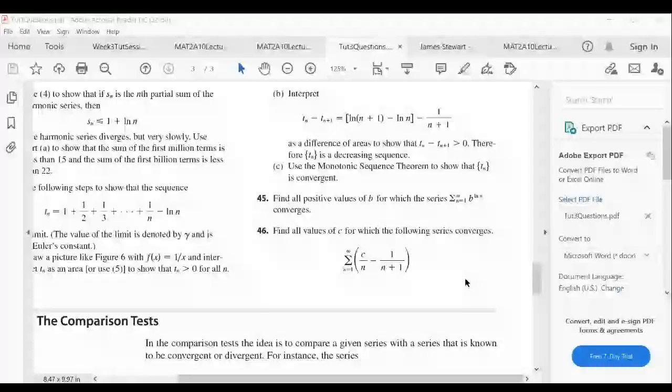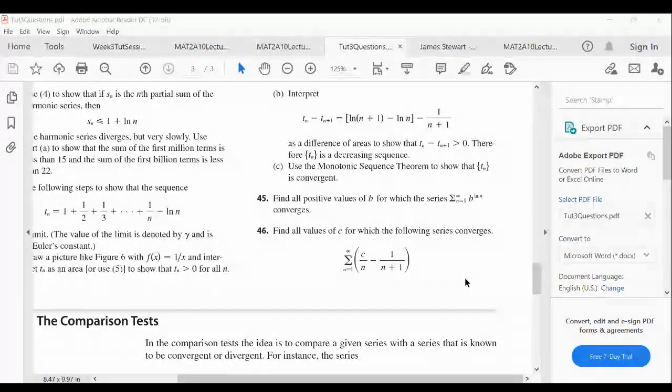So there you should see it now. Find all values of C for which the following series converges. It's the sum from 1 to infinity of C divided by n minus 1 divided by n plus 1. Now, if we had a C in the second term, we could factor out the C. But we don't. So we only have the C in the first term.